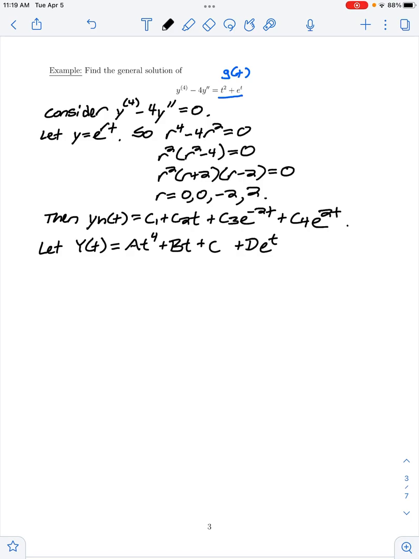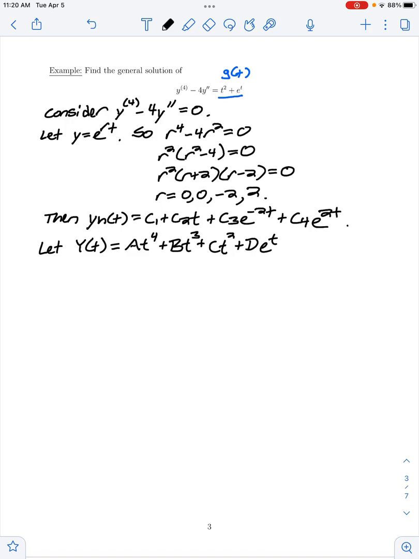And that would give us at to the fourth plus bt cubed plus ct squared. And then I have a constant times e to the t, which was not part of the homogeneous solution. So this should now be the correct form.